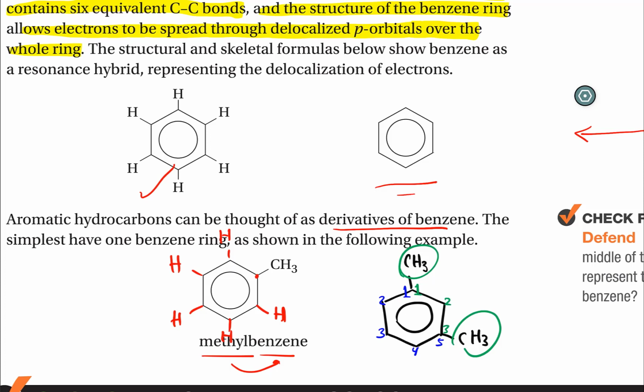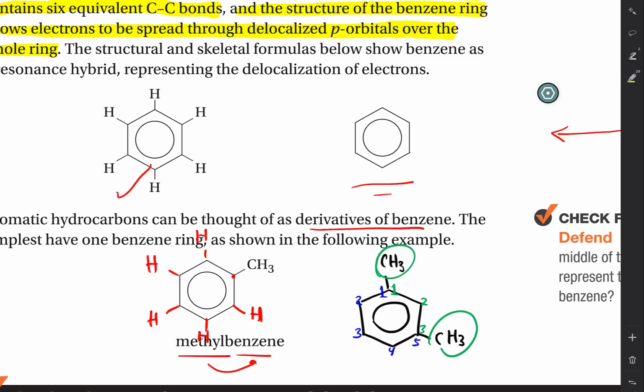So we choose the green method of the numbering, in which the branches receive the smaller number. So the name for this aromatic hydrocarbon is 1,3-dimethylbenzene, because in the first and third position we have a methyl group, and the parent is benzene.